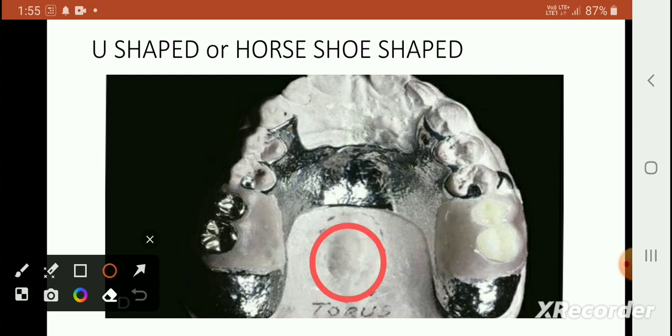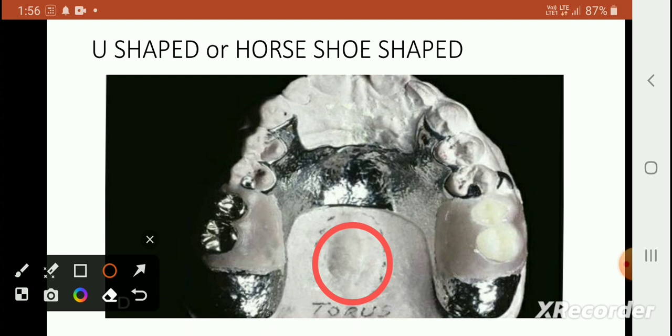This is the tori, inoperable tori, extending to the posterior limit of the hard palate. Suppose, what is the posterior limit? In case of the anterior posterior palatal strap, the posterior border is located at the junction of hard and soft palate.